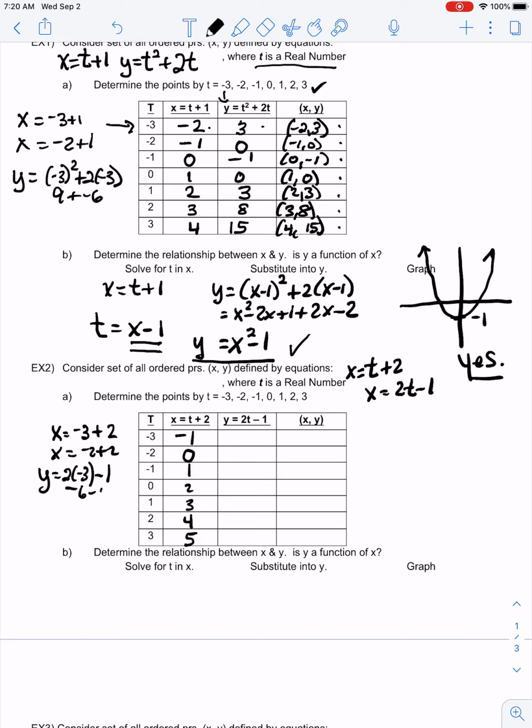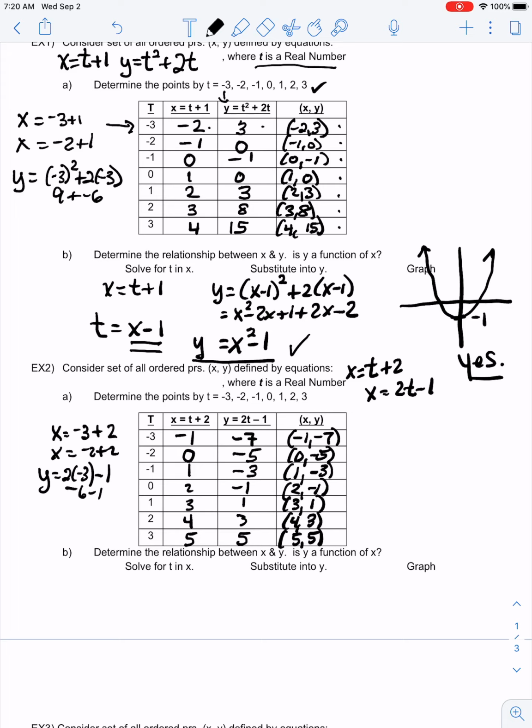So -6 minus 1 gives us a -7. Okay, and then we'll do all the y's. So -5, -3, -1, 1, 3, 5. And then together, we pair them up, we get our ordered pairs. -1, -7, 0, -5, 1, -3, and so forth. Okay, 3, 1, 4, 3, 5, 5.